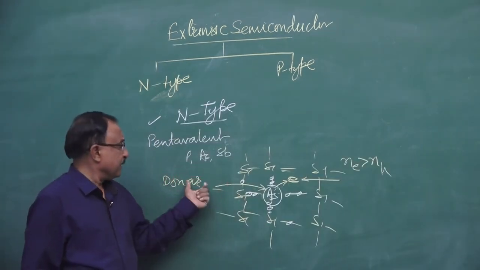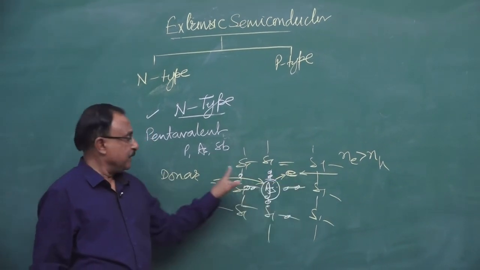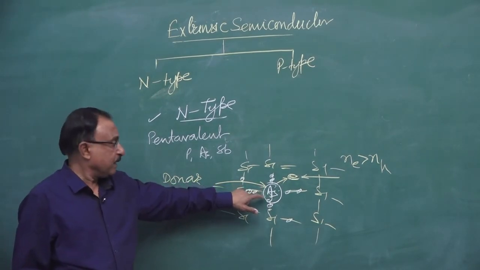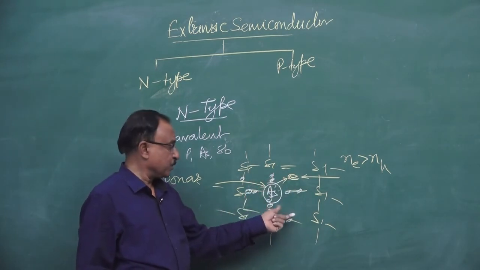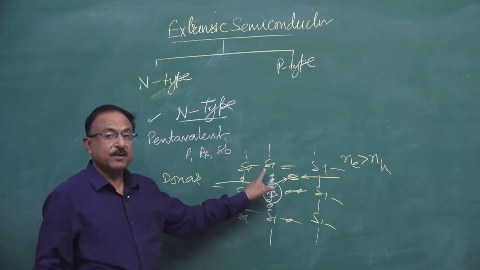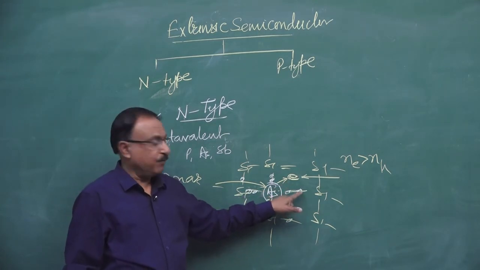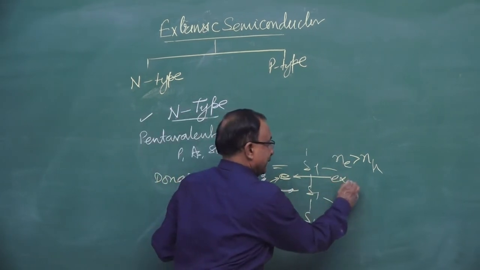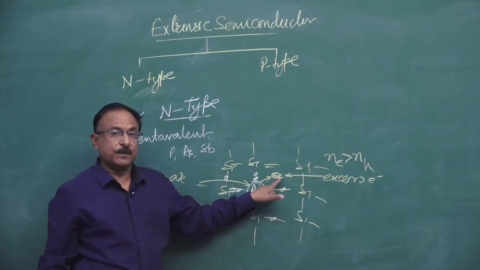When we introduce the pentavalent atom in the semiconductor crystal, these pentavalent atoms locate themselves at the site of the defect. When they locate at the site of the defect, they share electrons with the neighboring atoms. In this process of sharing, because they have 5 electrons, 4 electrons are shared and used in formation of covalent bonds. One excess electron is available for conduction.